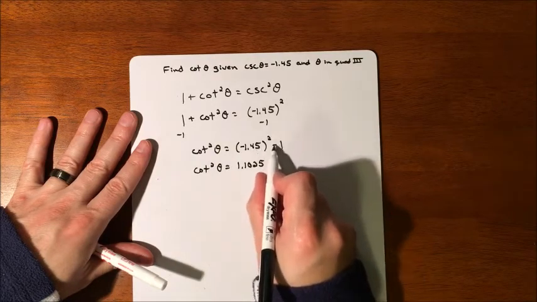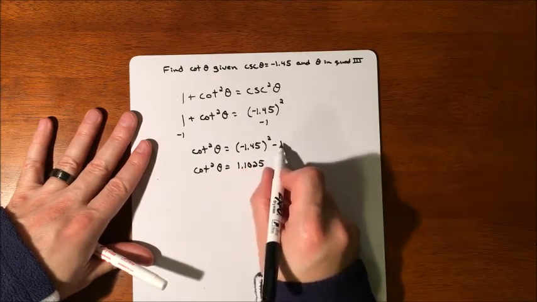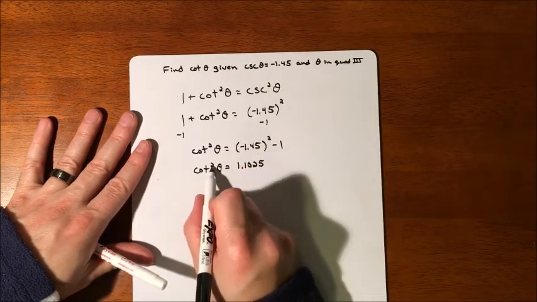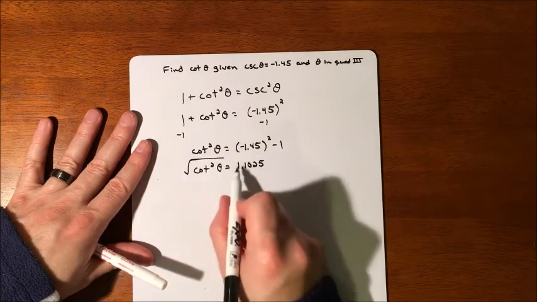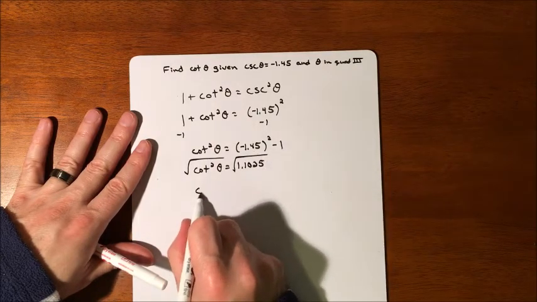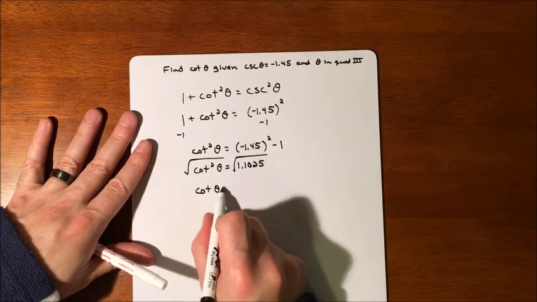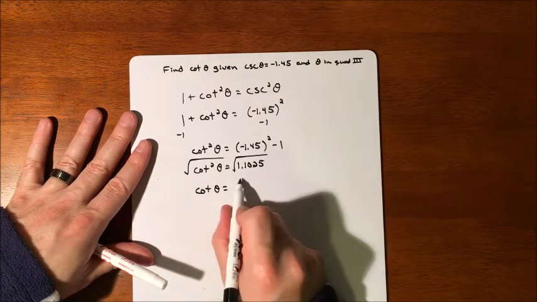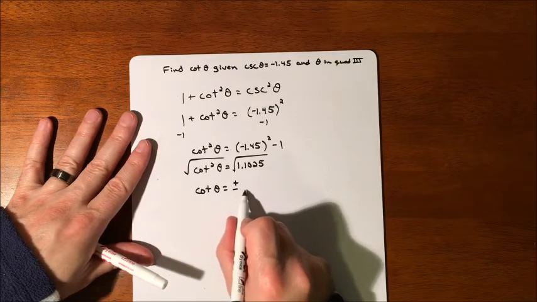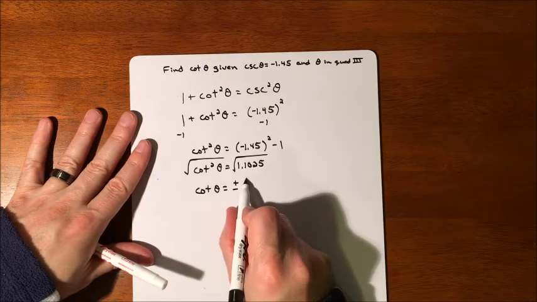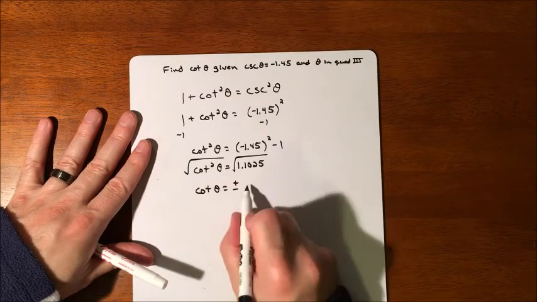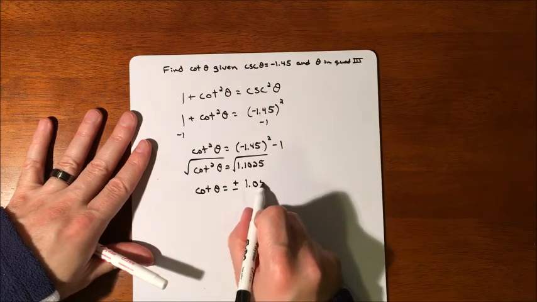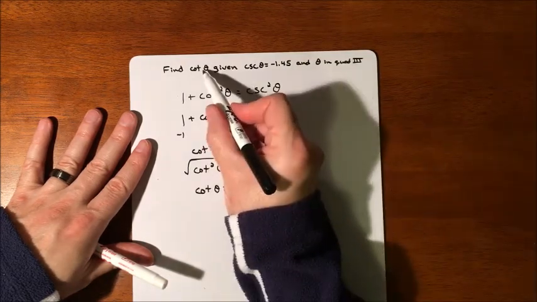So if I square it, subtract 1, then make that a positive, minus 1, I'll get that. Well, I still have a square on that, so I will square root that. So cotangent of theta would equal, now technically, anytime you square root both sides of a problem, you would get a plus and a minus. And that turns into 1.05. So we're almost done because we're looking for cotangent.